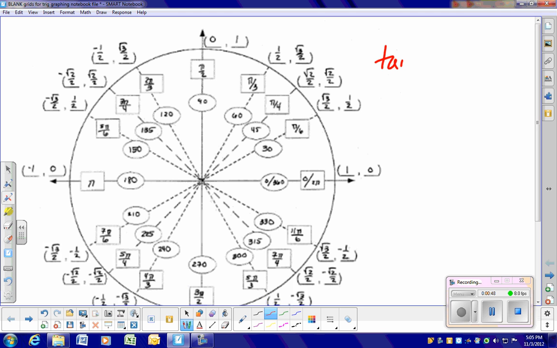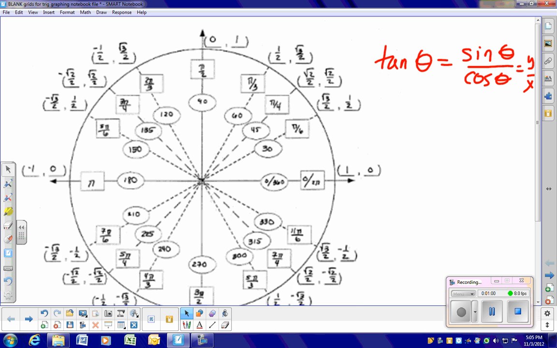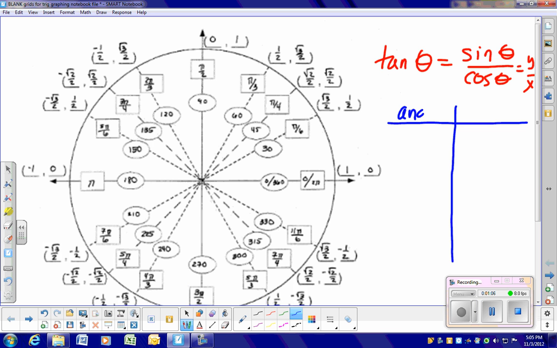Remember that tangent is sine over cosine, which in terms of the unit circle means that we are looking at y over x. So I'm going to look at different values of theta, different values of the angle, and compare them with the tangent values at those angles.